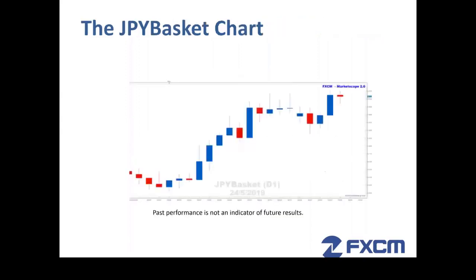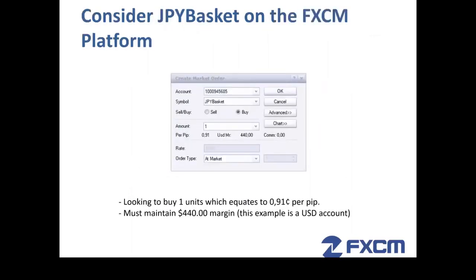The next slide actually shows the daily chart of the Japanese yen basket, and you can see in this particular chart, it's moving in a northeasterly direction, seeming to suggest an appreciation in the Japanese yen. Now, in this example, the trader is looking to buy 1 unit, and it is equating to a 91 US cents movement per pip.